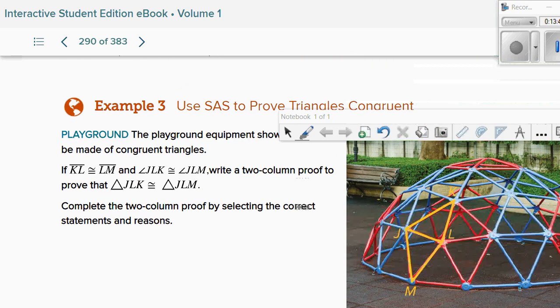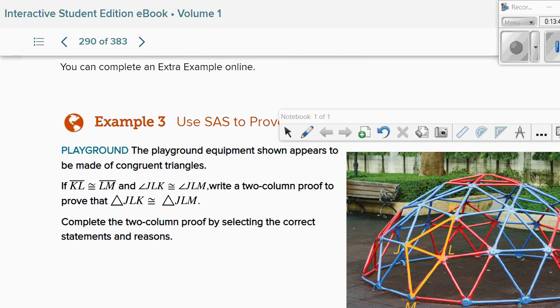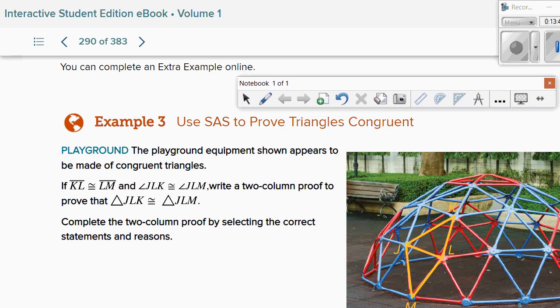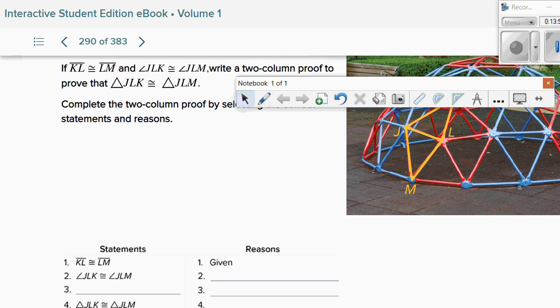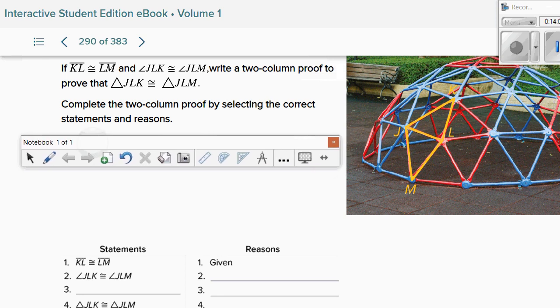All right, so we got this playground apparatus. They want us to draw a 2-column proof, and we're going to prove that triangles are congruent. So if you take a look at the proof here and the figure, they have a couple of these triangles highlighted, but they're telling us that in this fixture all the triangles are congruent, so we're going to take their word for it.